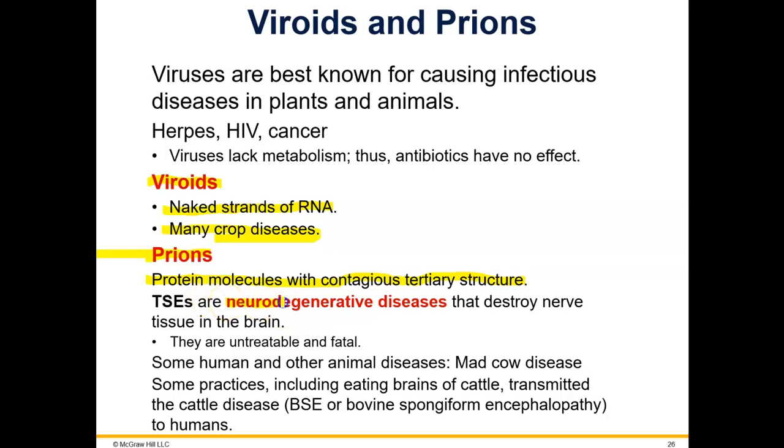That means that they cause the nervous tissue in the brain to degenerate over time. They're untreatable and they're fatal. Some of these diseases are mad cow disease, which can infect cows and humans, BSE, which stands for bovine spongiform encephalopathy.